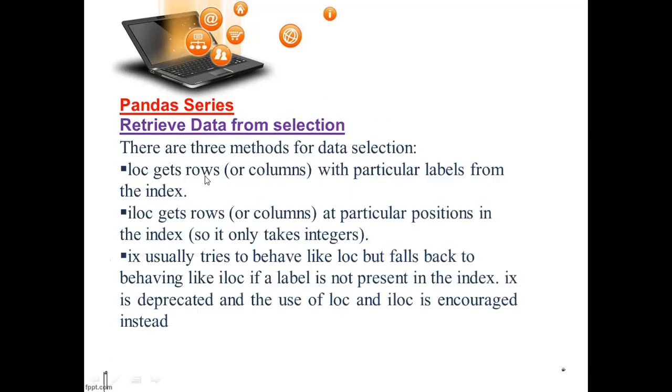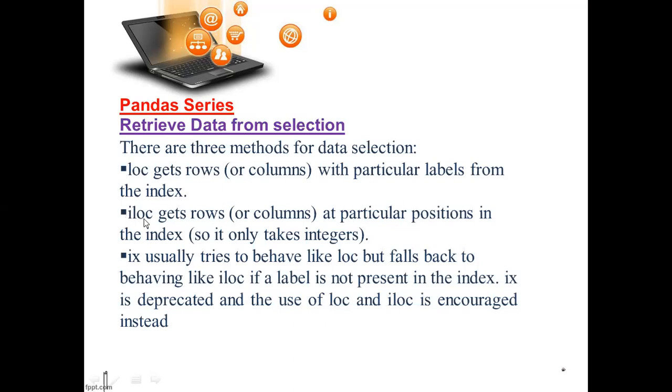Now in a pandas series, you can retrieve data from a selection. There are three methods for data selection. One is loc, which gets a row or column with a particular label from the index.